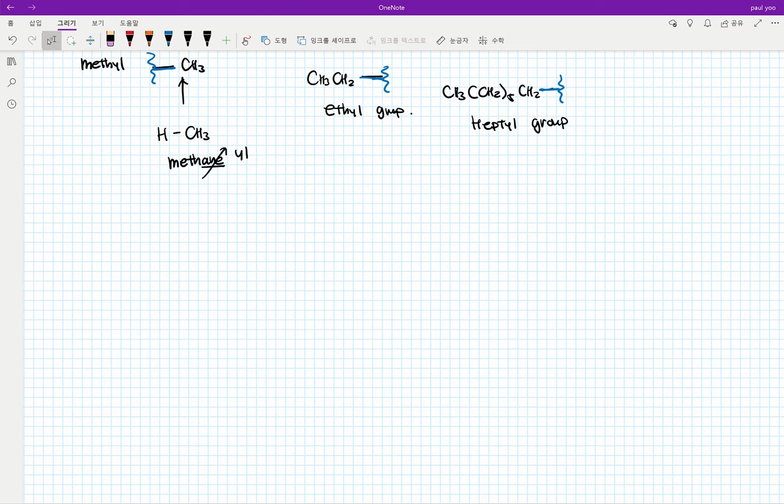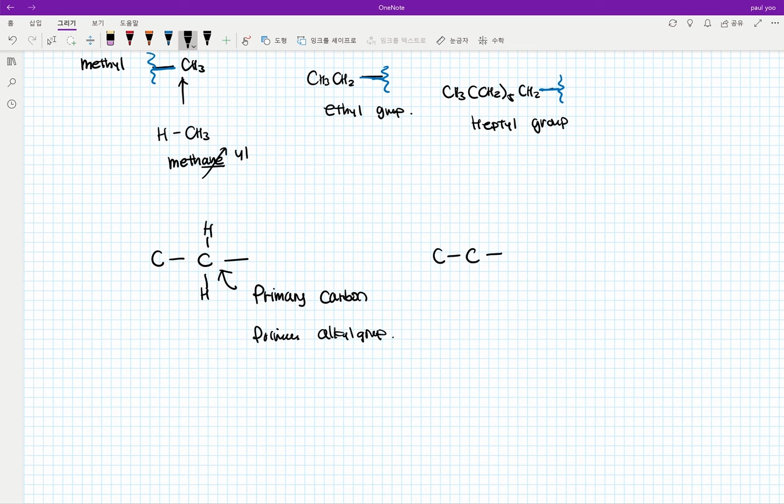Similarly, a secondary carbon is directly attached to two other carbons. So this carbon is going to be considered a primary carbon, and it's a primary alkyl group.